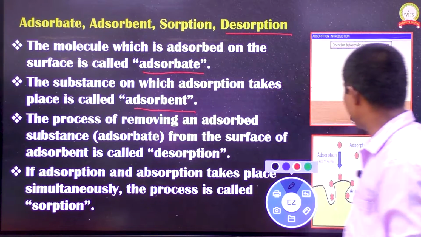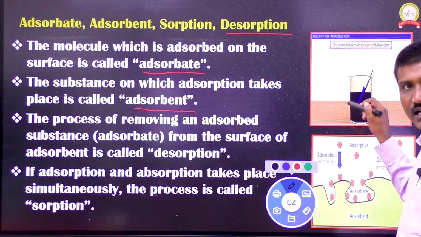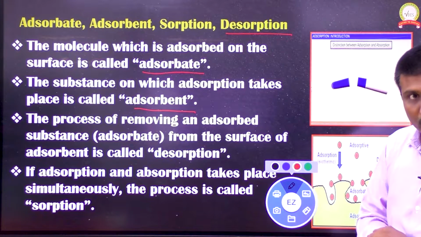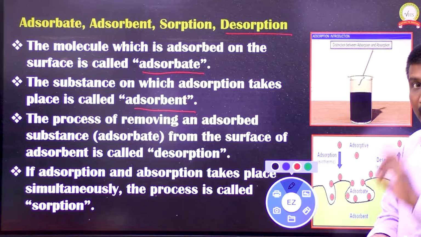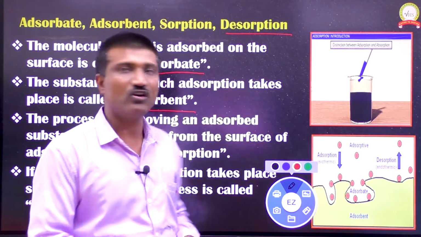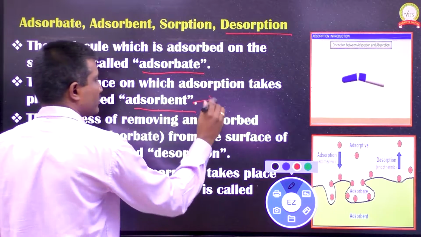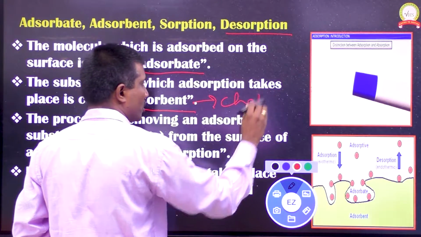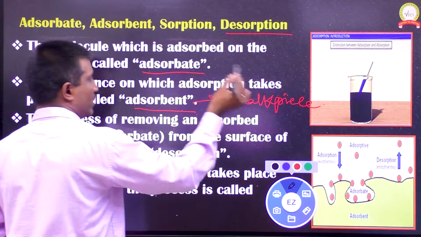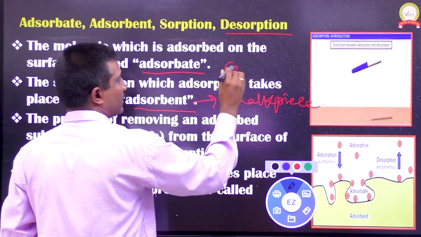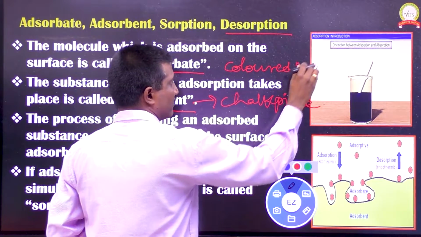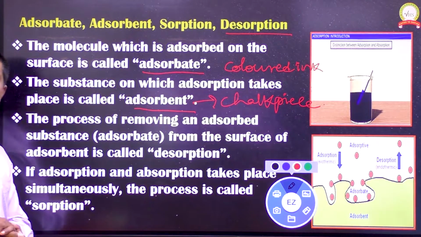Okay. So, in this example, the colored ink particles are occupying the surface, so the colored ink particles are the adsorbate. And the chalk piece is providing the surface, so the chalk piece is the adsorbent.